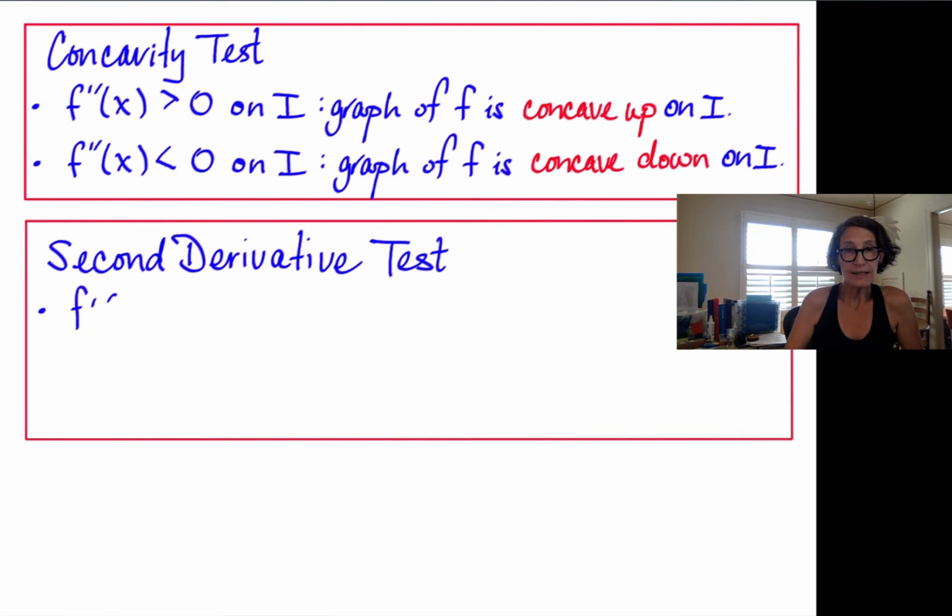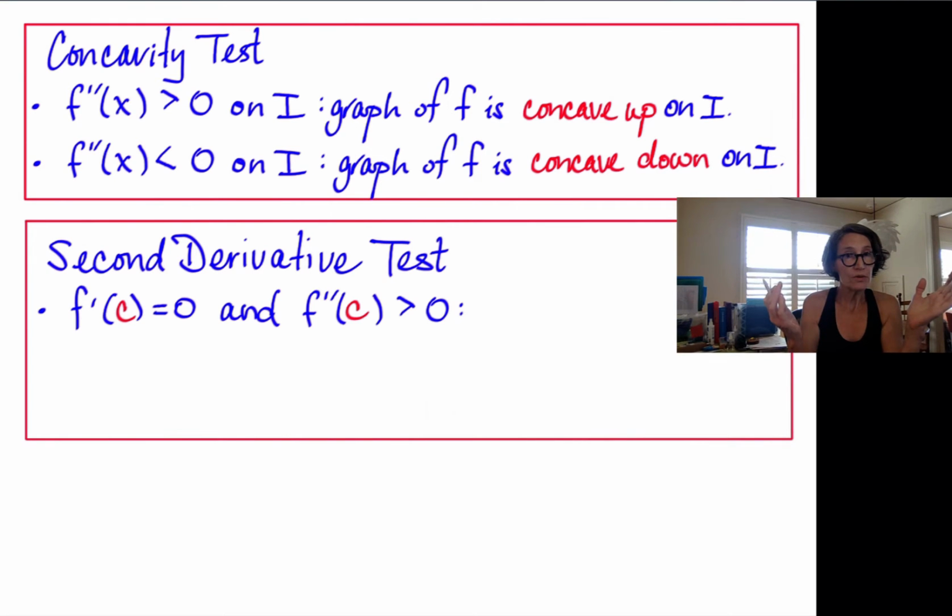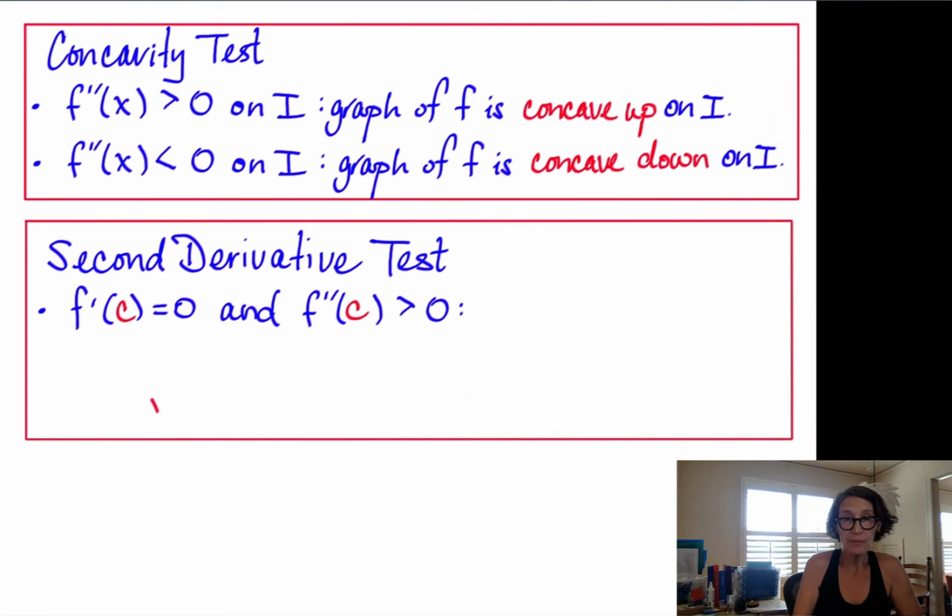This one says if you take a critical number where the first derivative happens to be 0, so it can't work on a critical number where the first derivative doesn't exist, and you take the second derivative at that critical number, and the second derivative is positive there, that means it's concave up at the critical number, so it must be a local minimum.